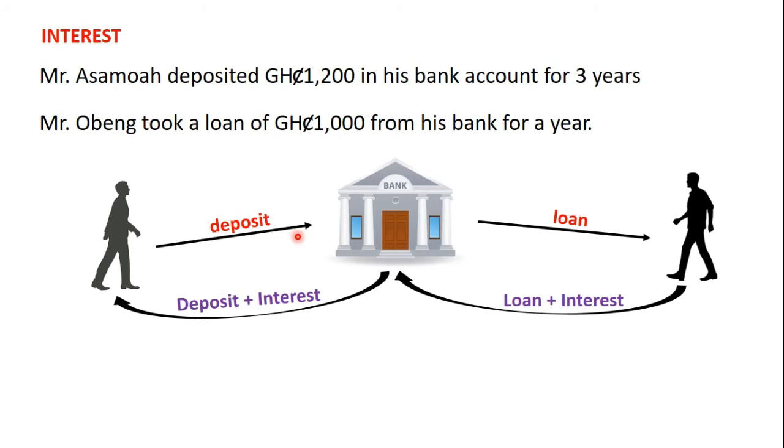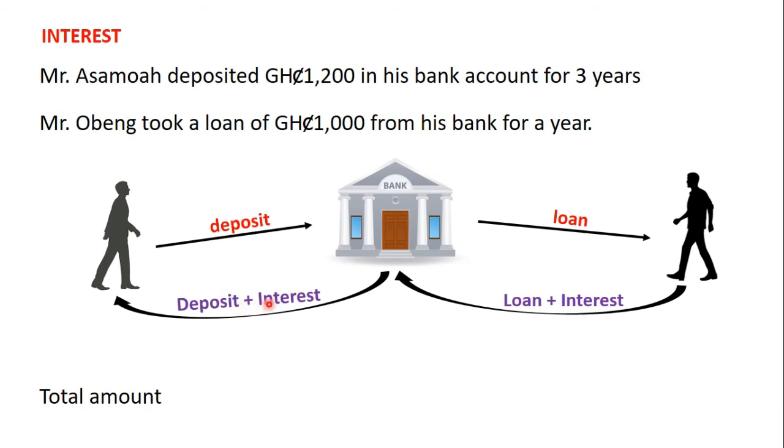Someone deposits his money at the bank, and the bank loans out the money to another person. When the loan is due, he is going to pay the loan that he took plus the interest. And in the same way, when it's time for the one who deposited his money to go for it, the bank will give him his deposit plus the interest on the deposit.